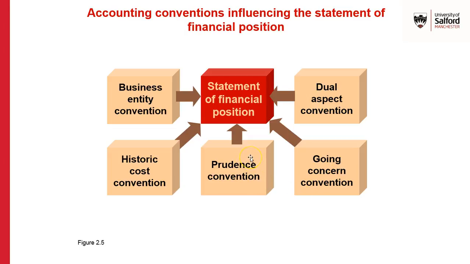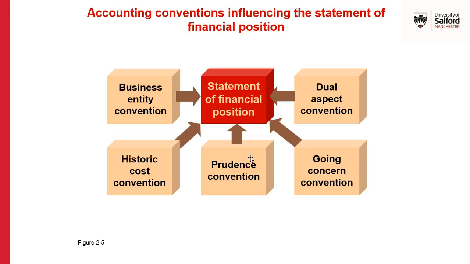Allied to that is the prudence convention, and that is we don't include profits until they have been realized to a certain level. And we don't necessarily give the latest valuation. We prefer that if in accounts we're going to make an error, it's an error of underestimating value and underestimating profit.